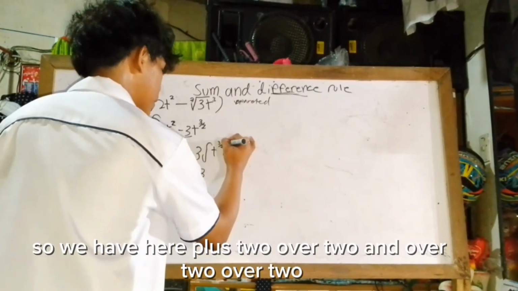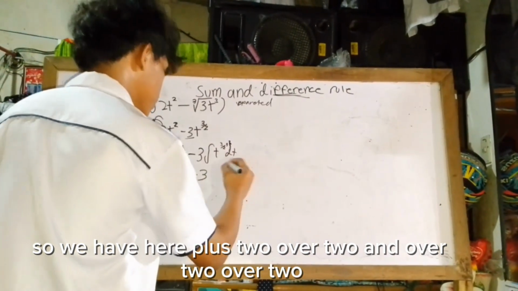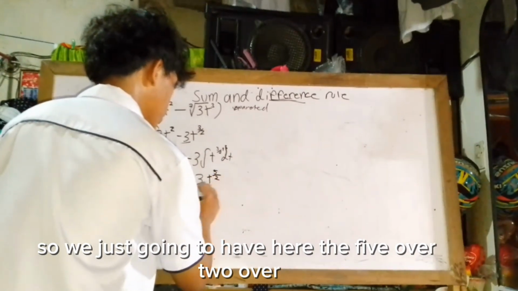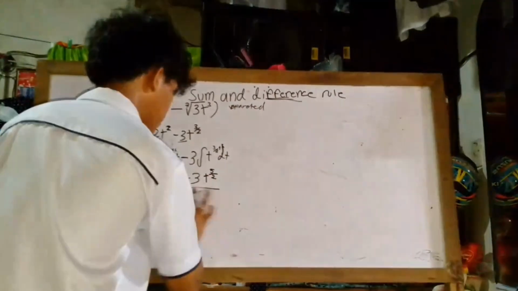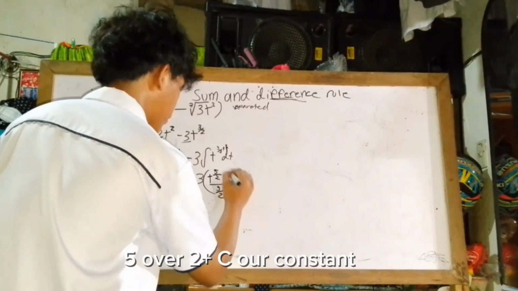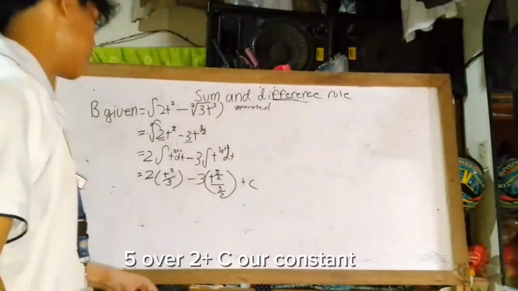So we have here plus 2 over 2 and over 2 over 2. So we're just going to have here the 5 over 2 over 5 over 2 plus c, our constant.